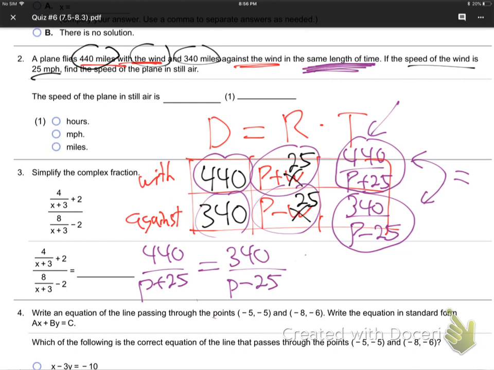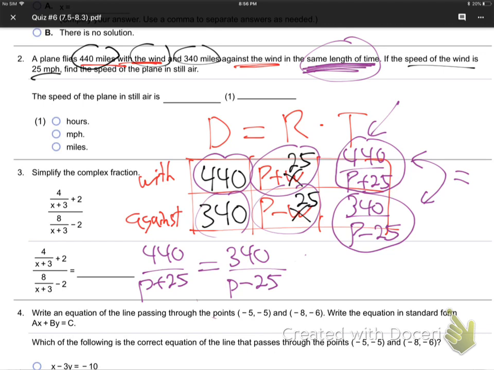They have to be equal because the times are equal. They just said that. This trip with the wind and the one coming back against the wind are done in the same length of time. So those 2 time boxes must be equal to each other. Remember, these are under T. They're the time, and the times are equal.